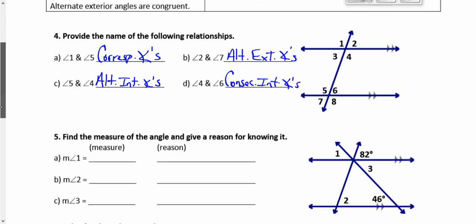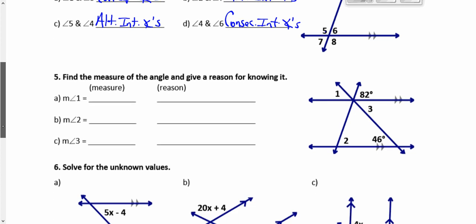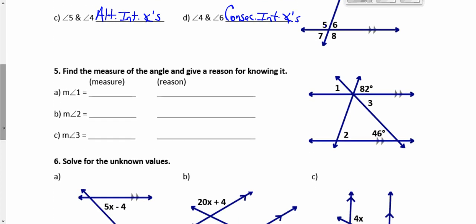All right, for this next section, we're going to find the measure of an angle and give a good reason for it. These reasons you want to think about because we'll be using them for proofs. Each of our reasons here depends on the two lines being what? Parallel. I don't want to write it every time because they didn't give us a whole lot of space.